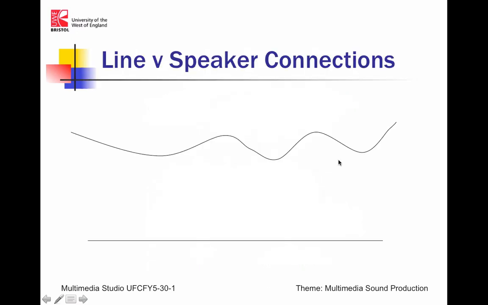Just to illustrate the idea of having a flat signal as opposed to a waveform signal, in the context of speakers and line inputs and outputs, this would represent the speaker output with its various modifications to the bass, middle and treble frequencies.